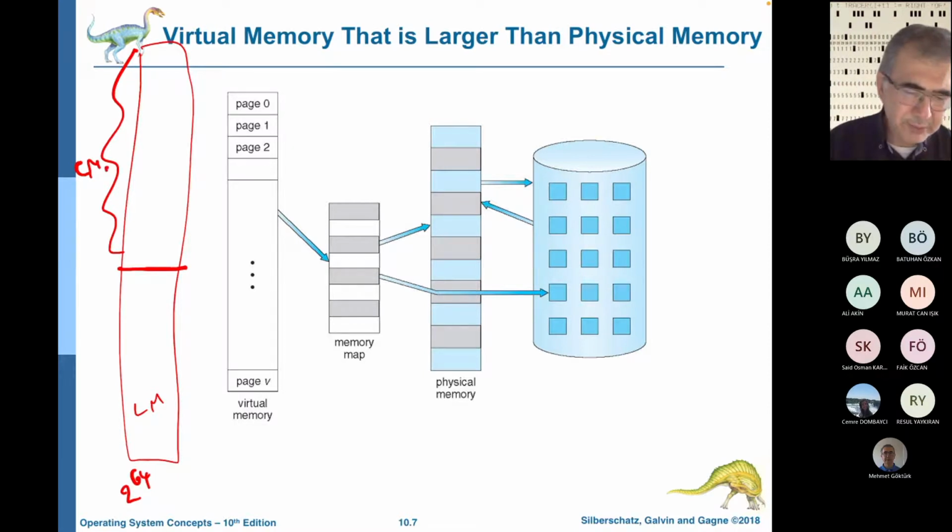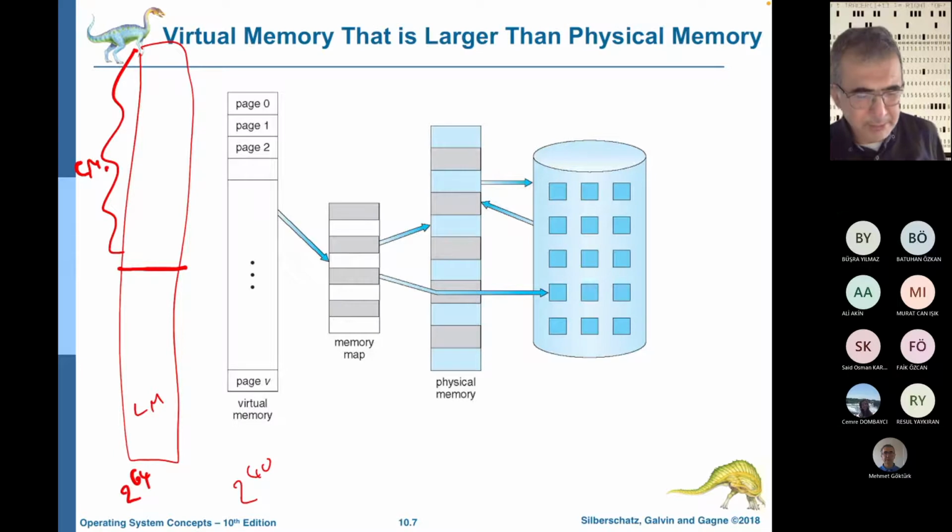The rest is reserved, but practically all the programs believe that they can go up to, for example, 2 to the 40. Above 2 to the 40, nobody cares. So your memory management unit is probably limited, not theoretically, but in practice. So your logical memory is like that.